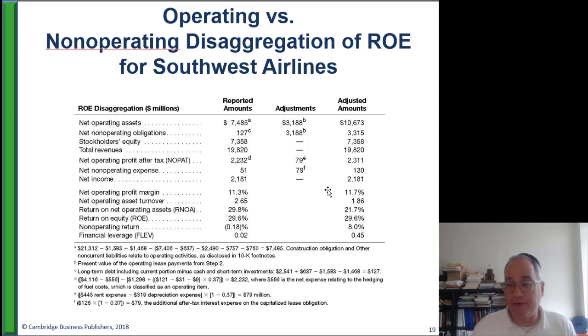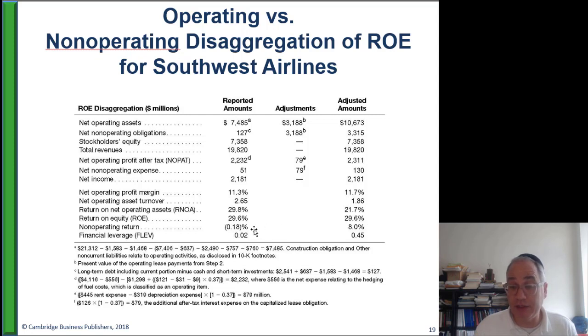NOPM, net operating profit margin, increases from 11.3 to 11.7%. Net operating asset turnover decreases a lot from 2.65 to 1.86 because you're adding all these operating assets. Return on net operating assets is going to go down a lot from 29.8% to 21.7%. Return on equity will be the same, which is not always a given.